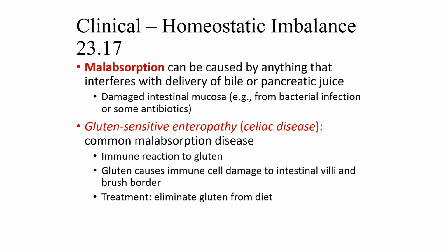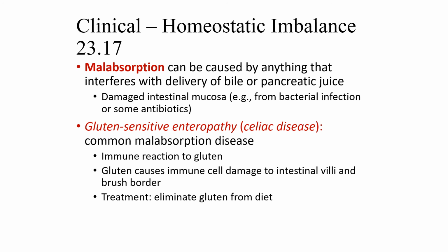What are some of the problems that we see in absorption? We see malabsorption, and underneath that is gluten-sensitive enteropathy, or celiac disease. Malabsorption can be caused by a lot of different things that interfere with bile or pancreatic juice.